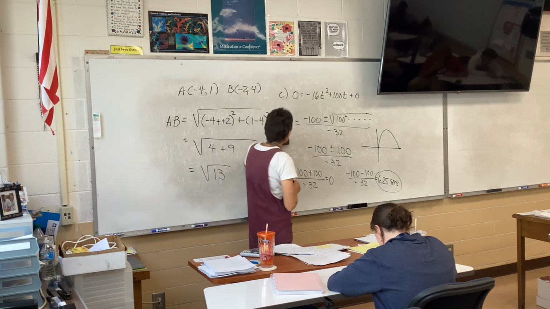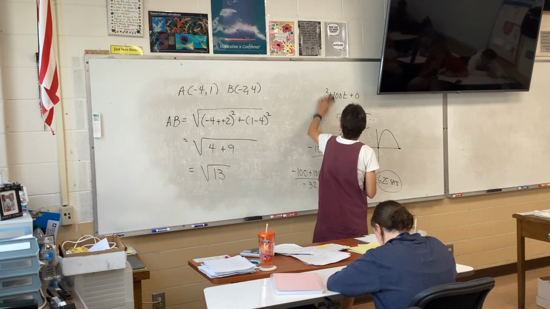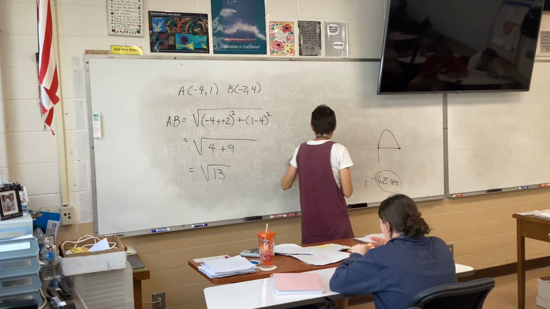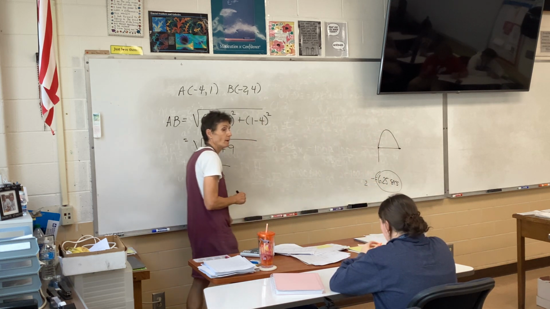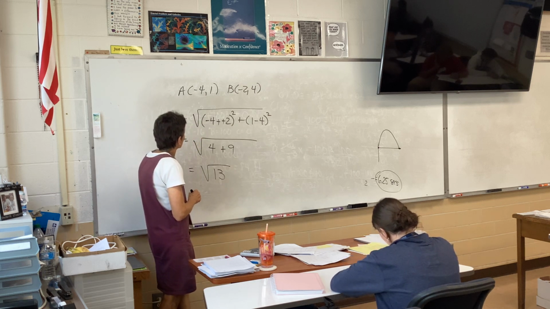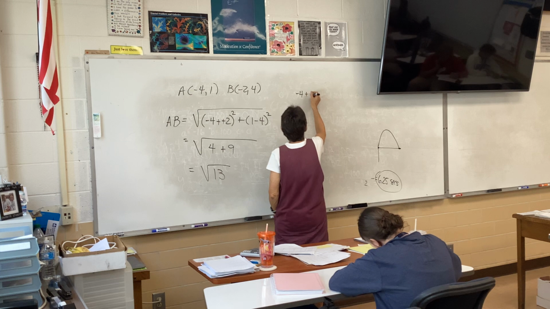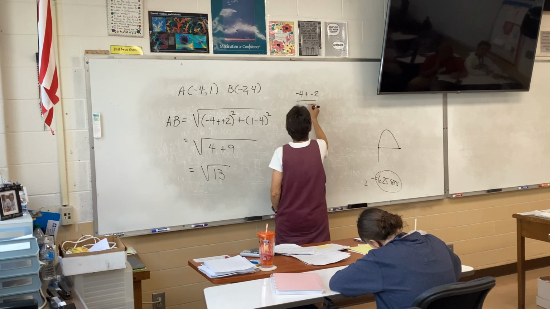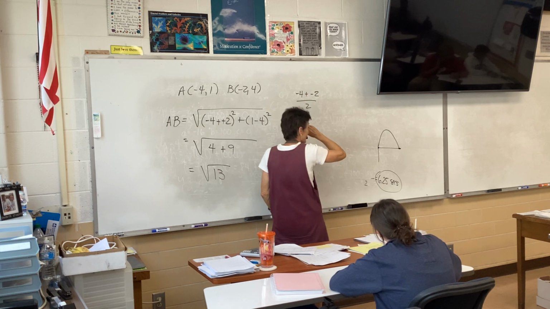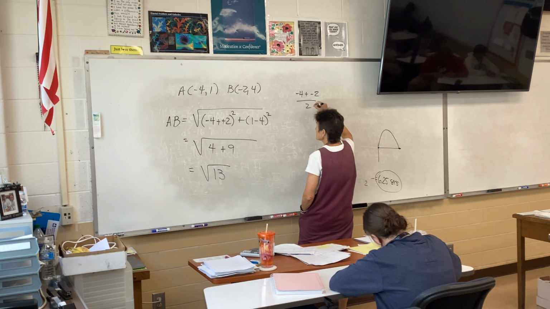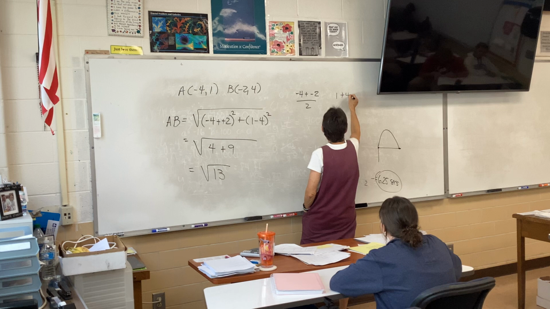All right, last problem. What is the midpoint? Negative 4 and negative 2 together and then divide by 2. We average. So negative 4 plus negative 2 over 2. I don't like all these negatives, so I'm writing this one down. So I add my x's and divide, and then I add my y's and divide.